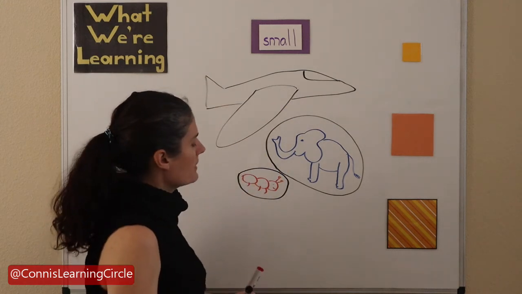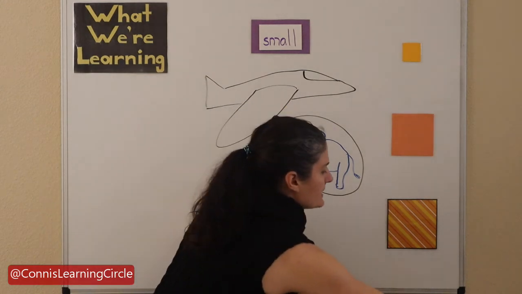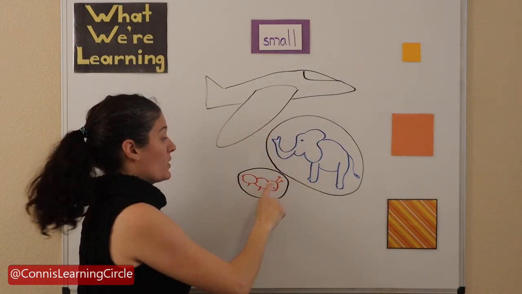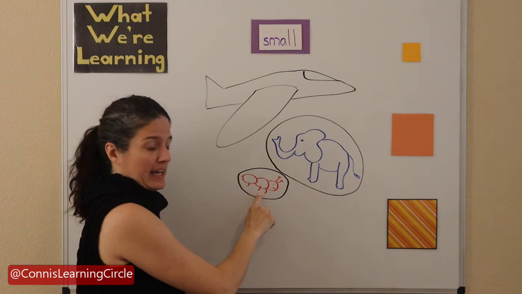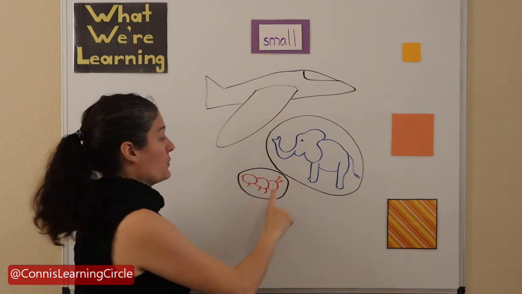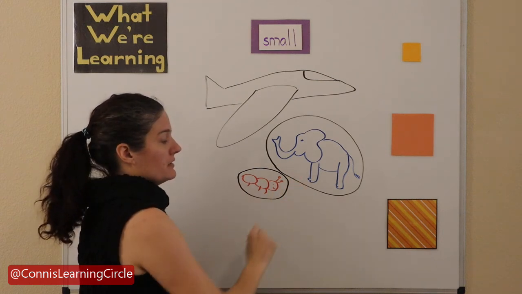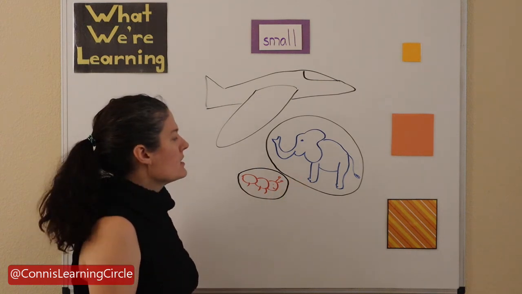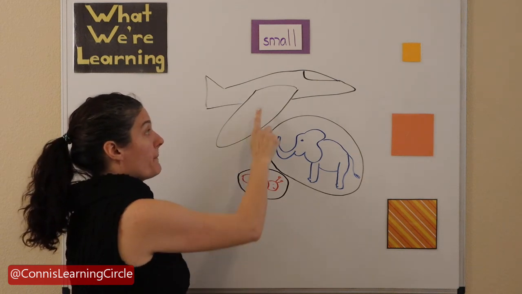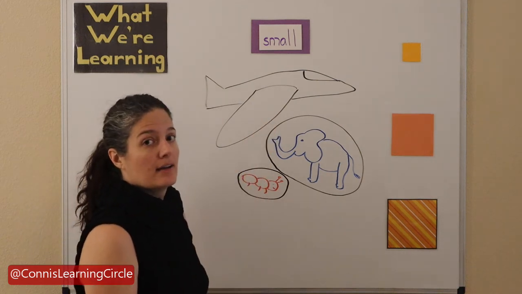Okay, now, we said that my elephant is not small when we are comparing it to the ant, right? The ant is small and the elephant is big when we compare these two to each other, right? Is my ant smaller or bigger than our airplane?